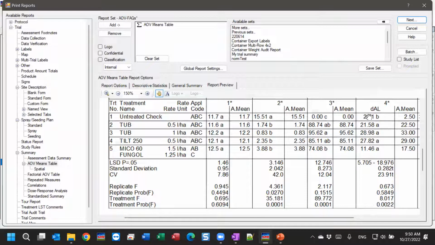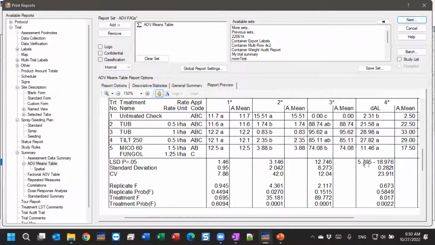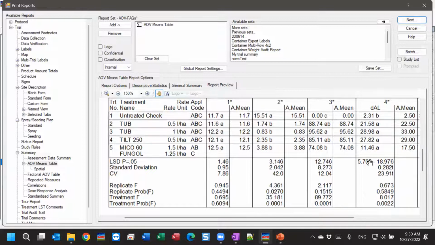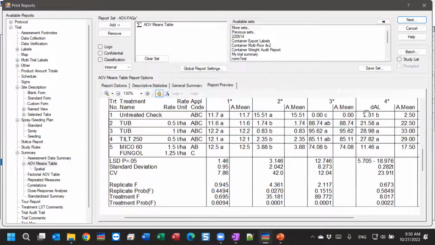If you're comparing the smallest two, then you would use that 5.7. So if I was comparing 1 and 5, you would use the 5.7. If you're comparing the biggest two, the farthest apart, you would use the larger LSD value. Every comparison within would be somewhere on this line.